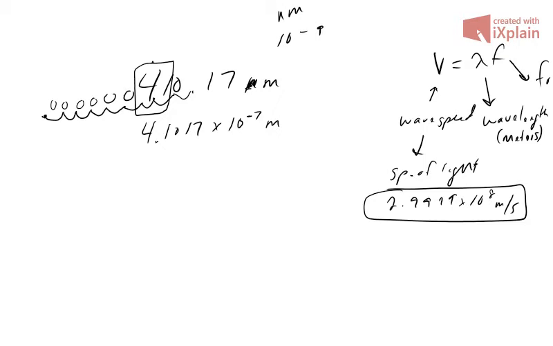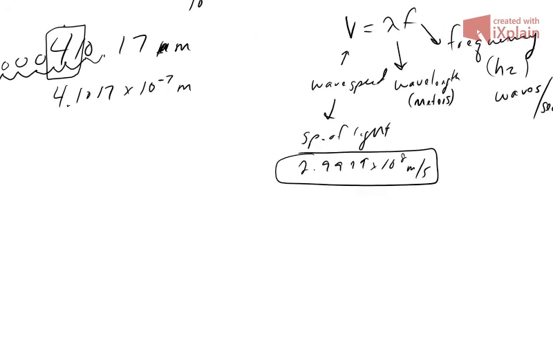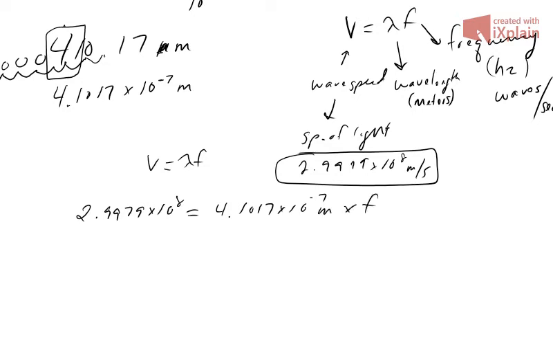Now, I'll do the first one out with you. So going back to the formula up here, we have 2.9979 times 10 to the 8th meters per second. So this is going into this formula, v equals lambda f. And that equals 4.1017 times 10 to the negative 7th meters, then times frequency.